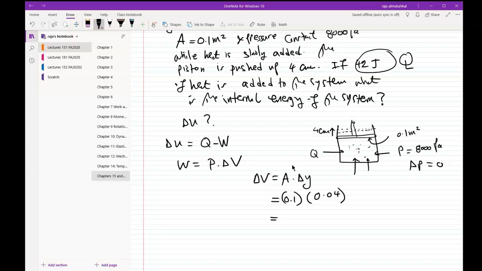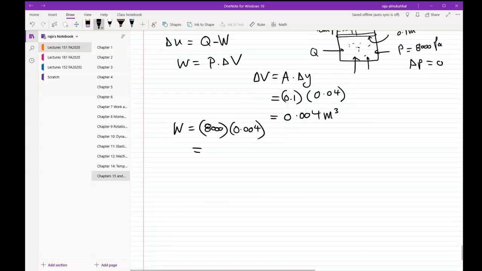And there we go. We have the volume, which is 0.1 times 0.04, and that will be equal to 0.004 meter cubed. So now I can find W. W is the pressure, which is maintained at 8,000, times 0.004.